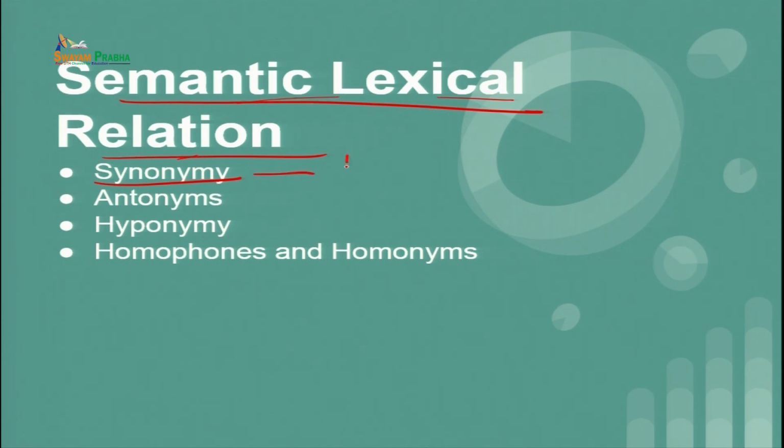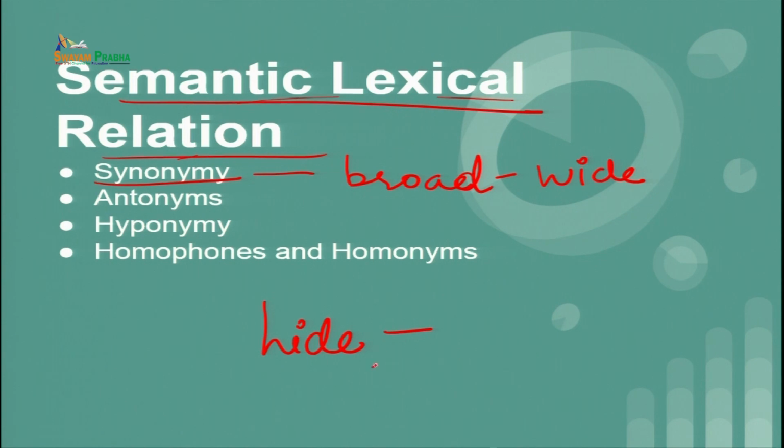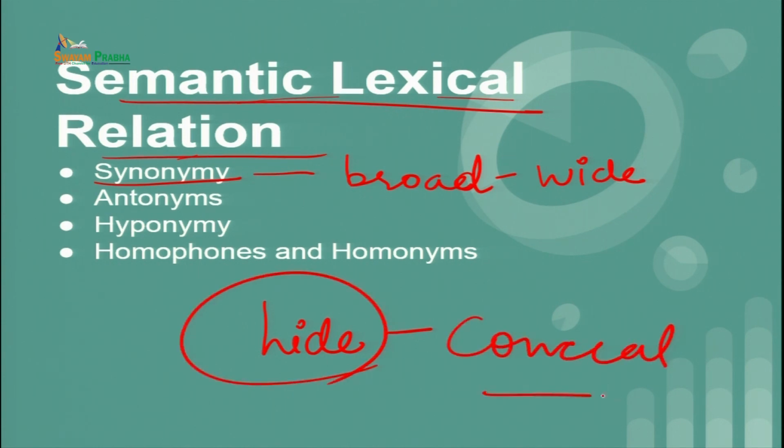For example, you say broad, and you can also make a synonym of broad by saying wide, or you can say hide. Sometimes you replace hide with the word conceal. So, this is the relation that synonymy shares between words.